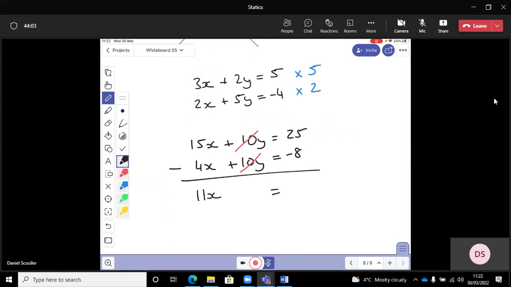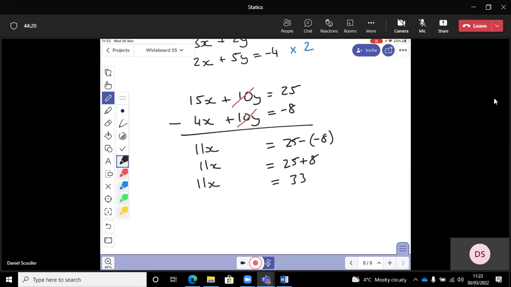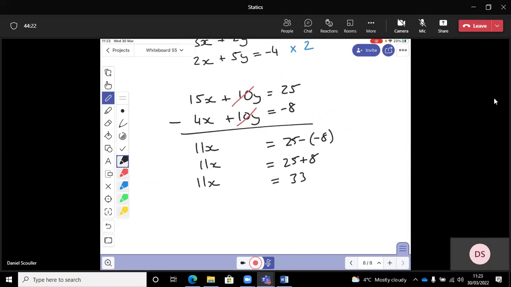And then 25 minus 8, which would be 25 plus 8, which will give us 33. So we've got 11x equals 33. That means solving for x, 33 over 11, x would be equal to 3.